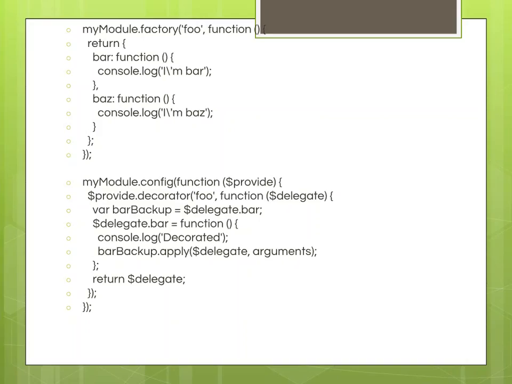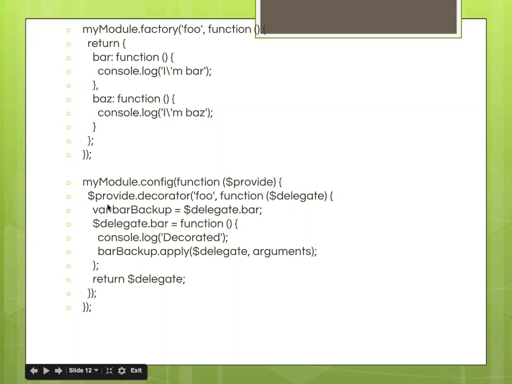You just want whatever the factory functions, bar and buzz, execute to be covered under some error handler. So in that case, you can write this provide.decorator.